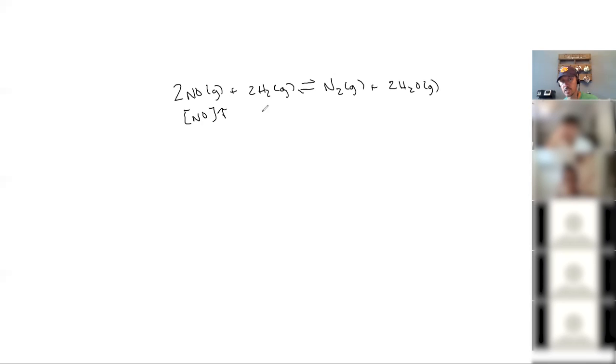That's right. So it's going to shift in this direction, away from where the concentration increased. So the concentration of N2 is going to go up and the concentration of H2O is going to go up. And the concentration of H2? It's going to go down, because it shifted in that direction. Does that make sense to everybody?